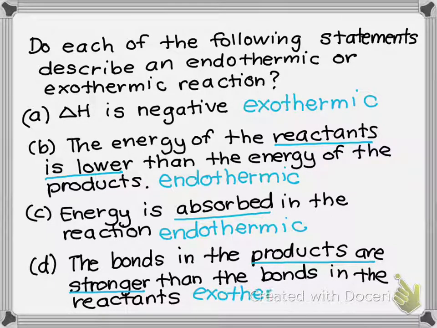One of the things you need to do is look at those lists of endothermic and exothermic and be familiar with how we describe them in terms of their definition, delta H, whether reactants or products are higher and lower in energy, and which of the bonds in the reactants and products is stronger.